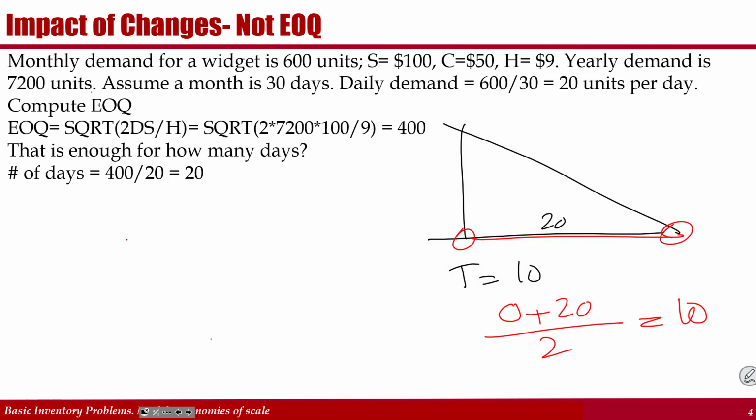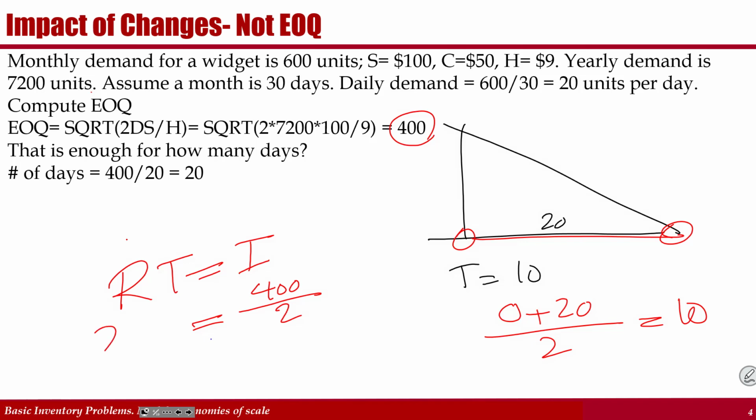Of course, I can also write R times T is equal to I. I is half of this because that is the maximum inventory. Cycle inventory is 400 divided by 2, equal to 200. Throughput per day is 20, and I'm looking for T. 20 T is equal to 200 and T is equal to 10.